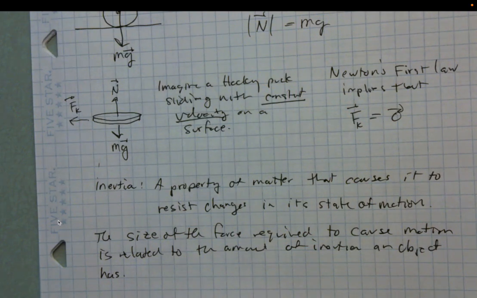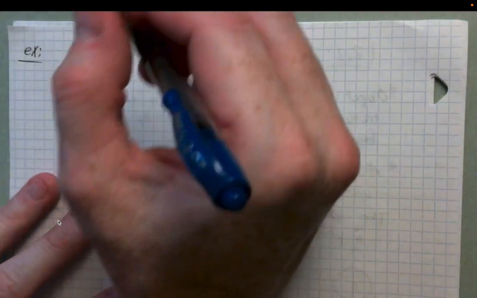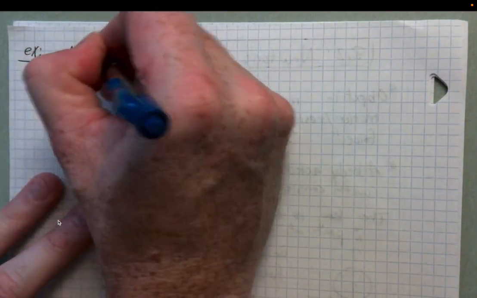Okay, and again, we'll study inertia at a later date, but let's do an example where Newton's first law is critical. So here's a good example. It's also a nice kind of slightly more challenging physics problem. Let's say we have a block of mass m.